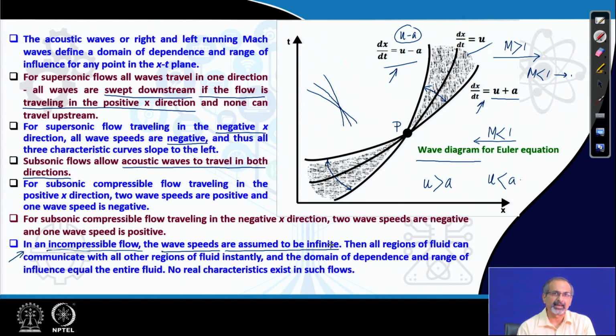So, there are no real characteristics, and all regions of the fluid can communicate with all other regions of the fluid instantly without any time lag. The domain of dependence and range of influence equal the entire fluid region. So, this is how incompressible flow can be put in perspective with the compressible flow situation, both supersonic and subsonic.